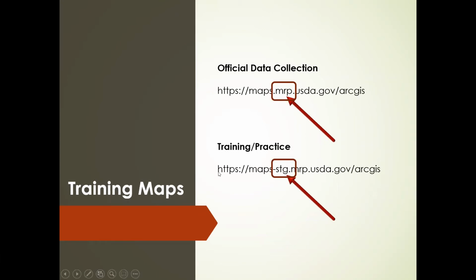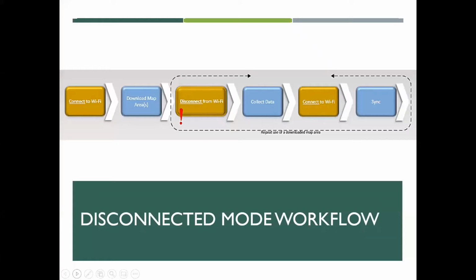And there's a few other things. I'll show you when I show you it on my iPad or my device what that looks like. But if you are ever in doubt, sign out and be sure you've signed into the correct URL to collect real data. So no real data in a training map, no play data in the official URL. That's a question on your quiz if you found that already.